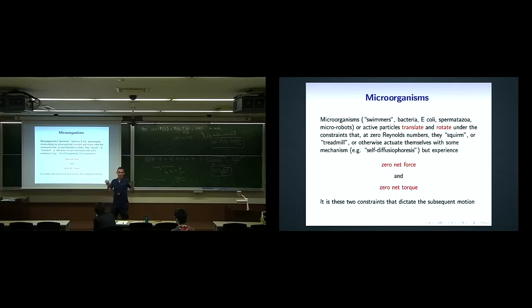It's not as explicit as that. The swimmer does something to create a flow around it so that indirectly the total force and torque on it is 0, and then it might move in this direction or that direction. It's very much more indirect. Okay? But that's what makes it such a fascinating subject.